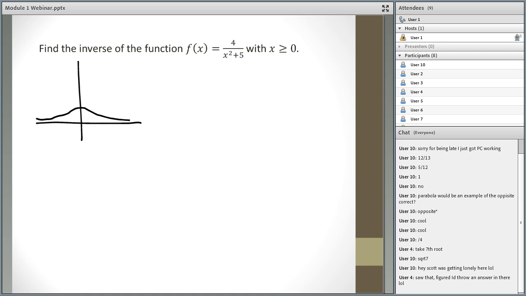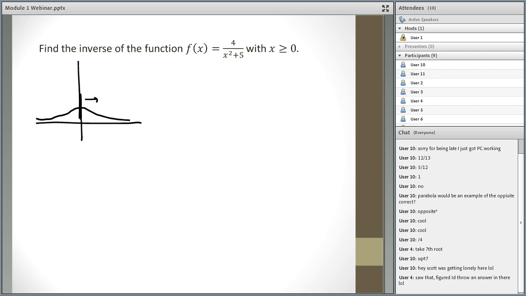Well, in this form, do we have a problem? Well, if we include the left side of the y-axis, or when x is less than 0, there's an issue. And the issue is that it doesn't pass the horizontal line test. So the x greater than or equal to 0 is basically only including this side.